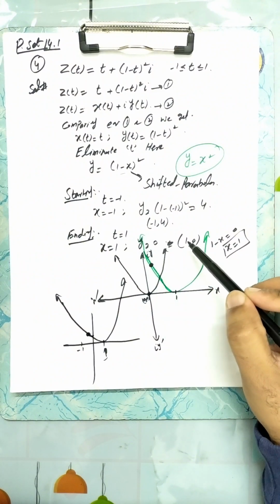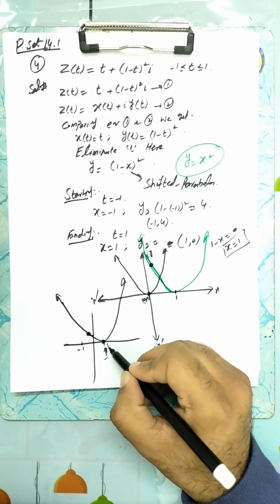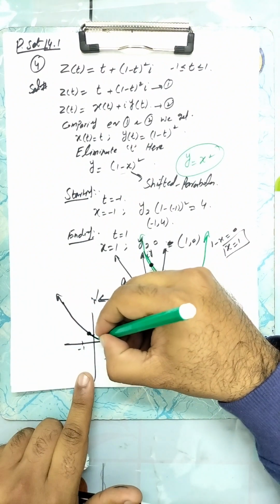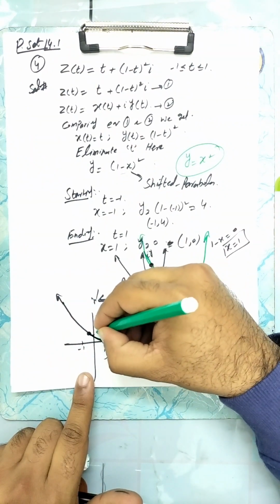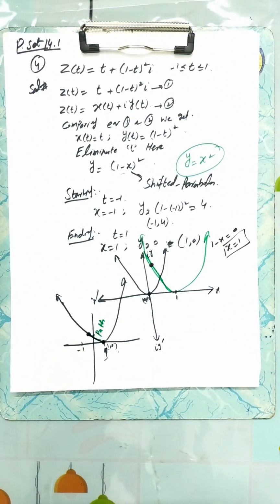The ending point is at x = 1, y = 0. Between these two points is our path. This is just a sketch of our plane curve.